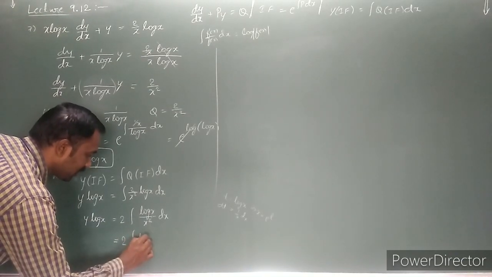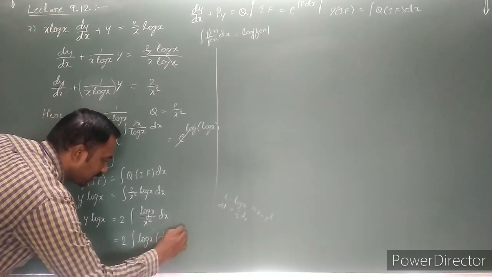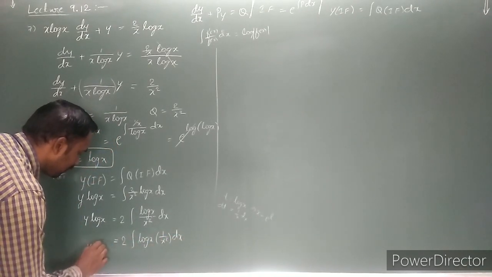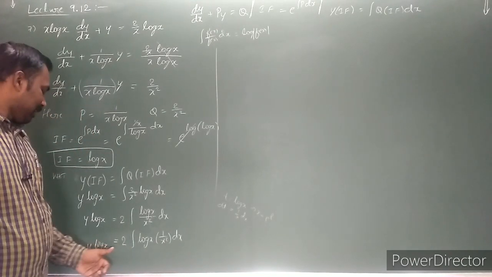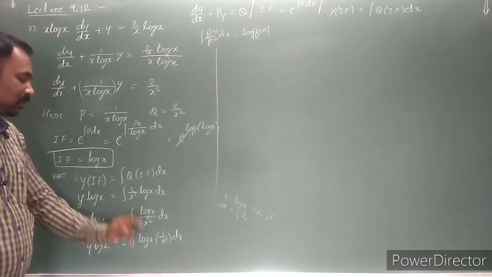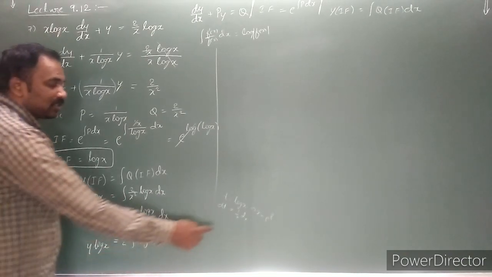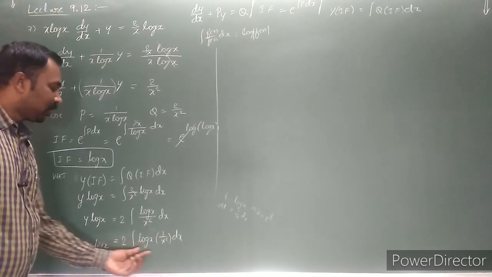Integration of log of x into 1 divided by x square into dx. Left hand side y into log x as it is. Here we can write y log x is equal to, log x as it is, 1 by x square into dx. Here we can directly use the product of two functions.